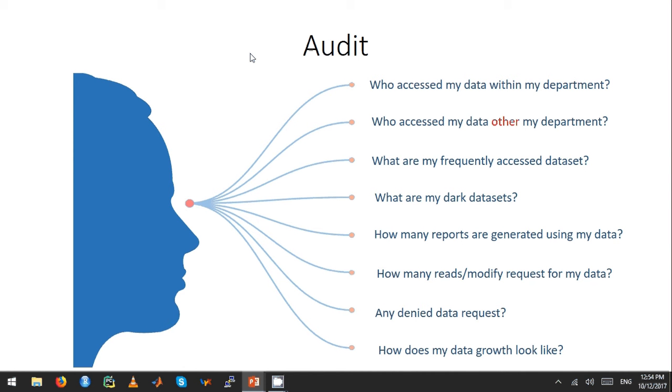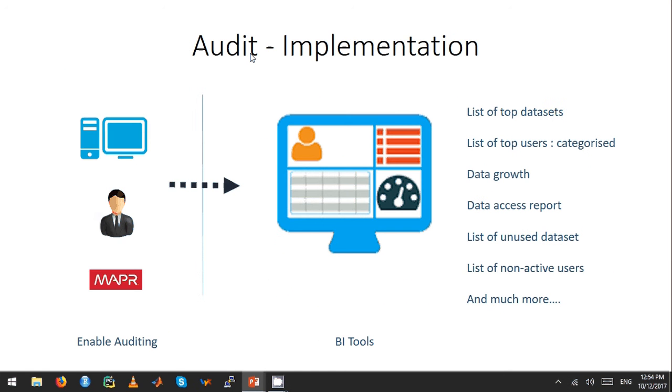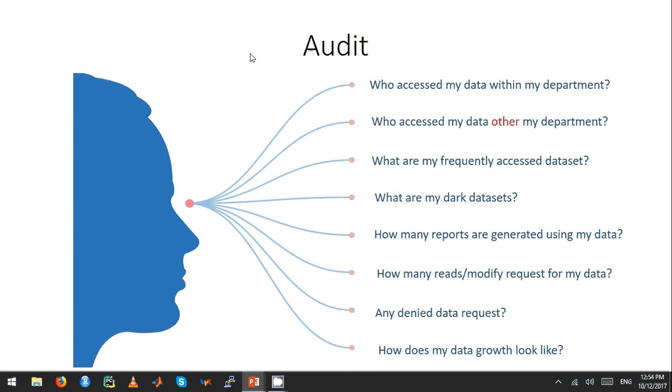This audit framework gives you the capability to understand how much value people are deriving from your data set. So, for example, if sales is utilizing a lot of data from the marketing department, and the marketing department has a dashboard that shows who accessed their data from sales, it gives them an understanding of how much value the sales department is deriving from that marketing data.